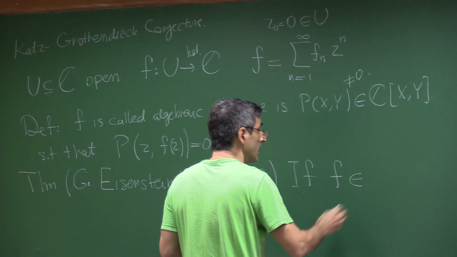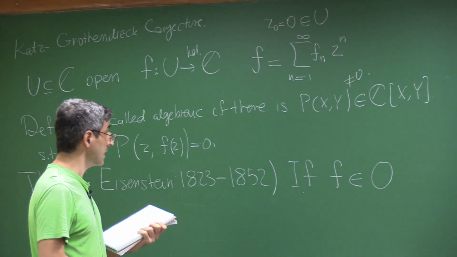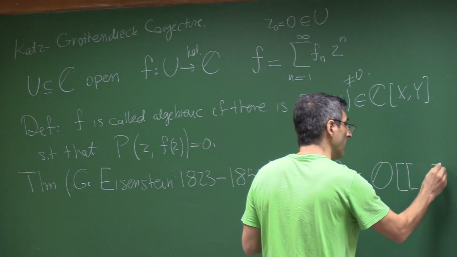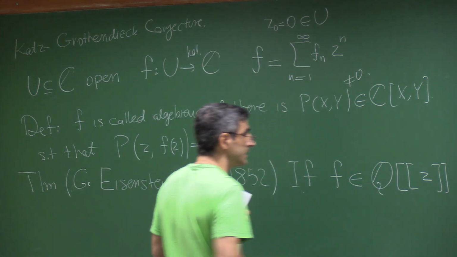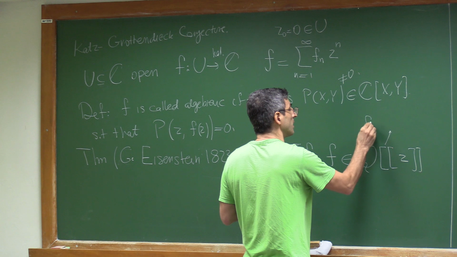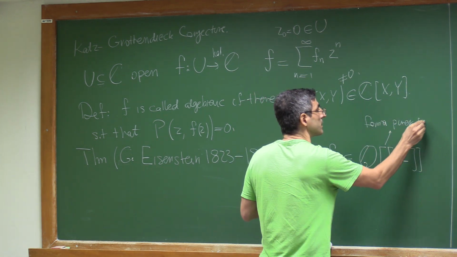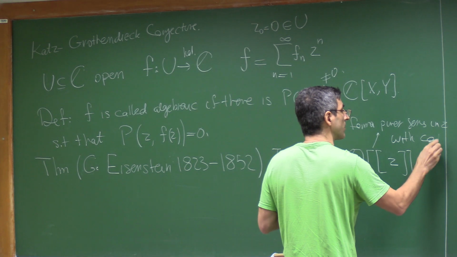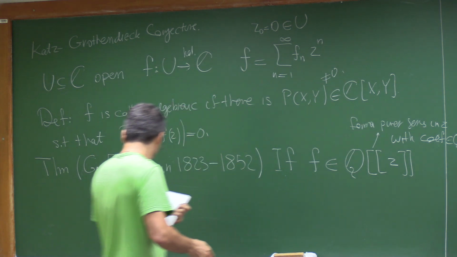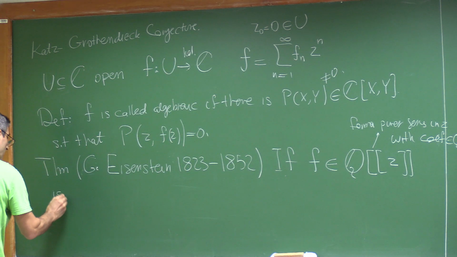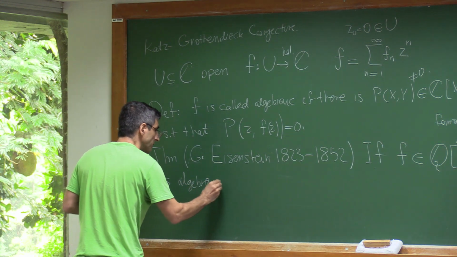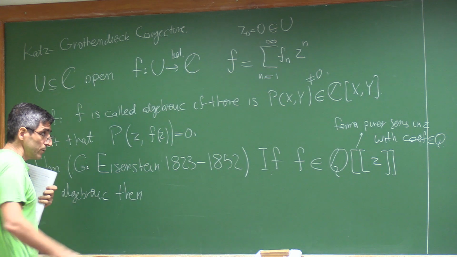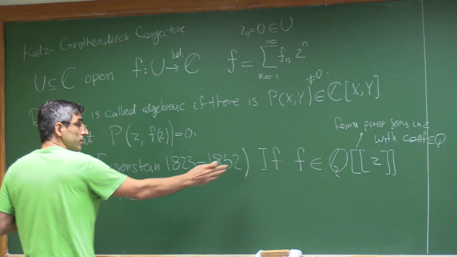So if F, if you write the Taylor series, has coefficients in Q, so this means the formal power series in z with coefficients in Q, and if it is algebraic, so this means that there is a non-zero polynomial annihilating it, then, well, you can introduce it for ordered rings, but let's just have a rational number.